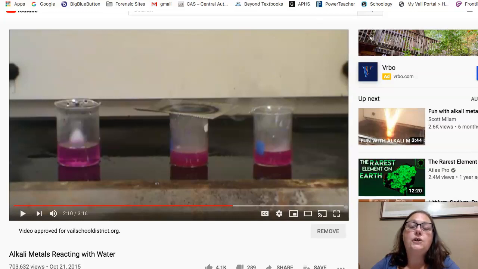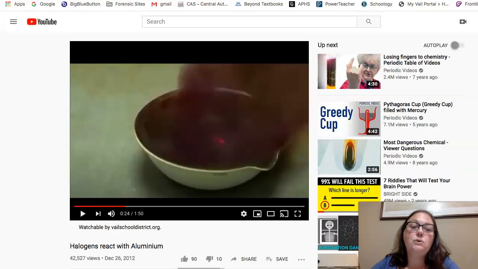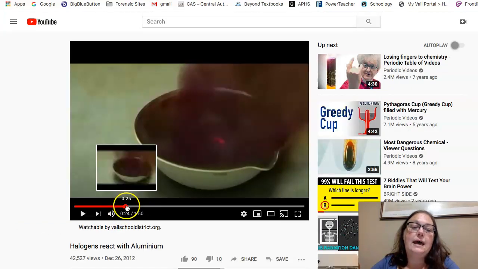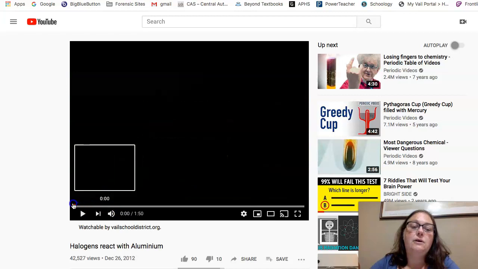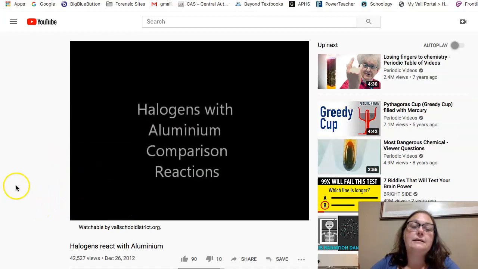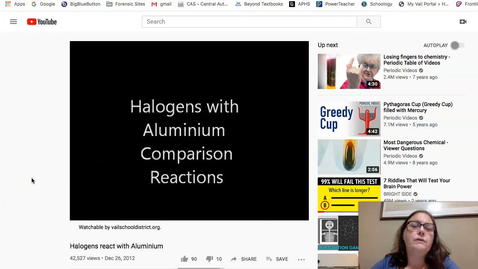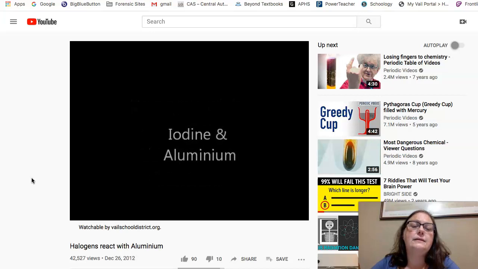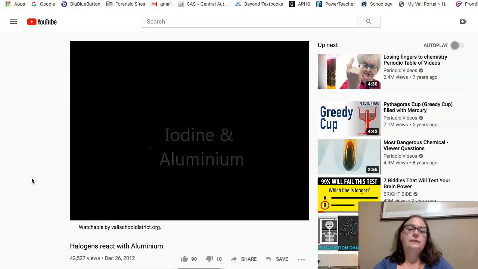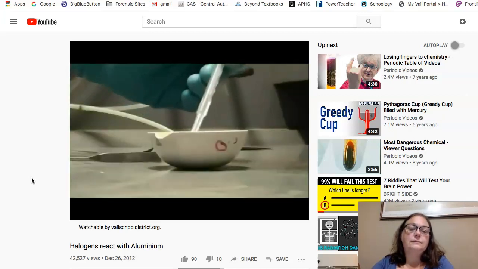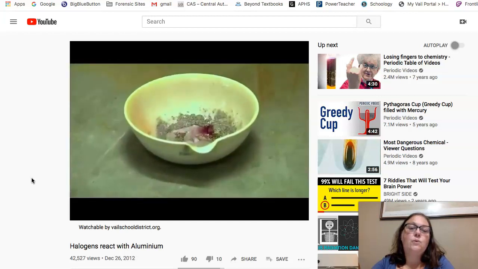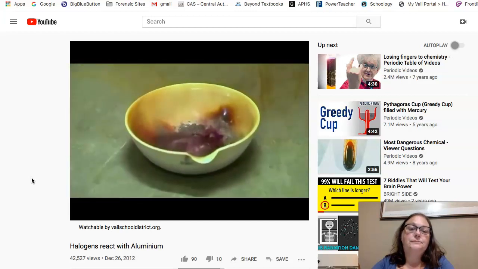Now let's watch on the other end of the periodic table, up by fluorine, which is the most electronegative element on the periodic table. So we're going to watch those halogens on that end. The sound on this is kind of weird, like it's non-existent and then suddenly it's there. And these are halogens reacting with aluminum powder.